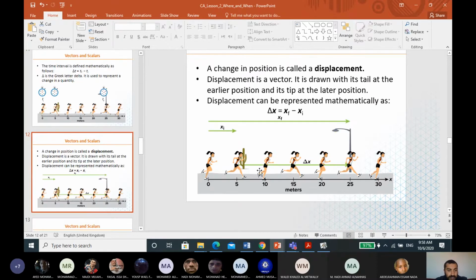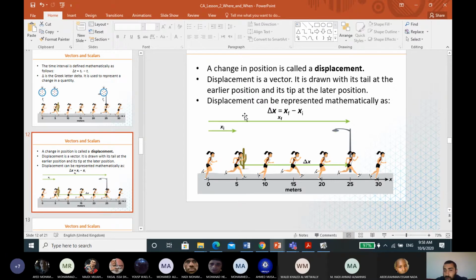So here what can we say about delta x? The delta x is the displacement, the one that you asked me about. If I want to know the displacement from 5 meters to 25 meters, I subtract x final minus x initial. So I decide to start studying the motion from 5, from this point.